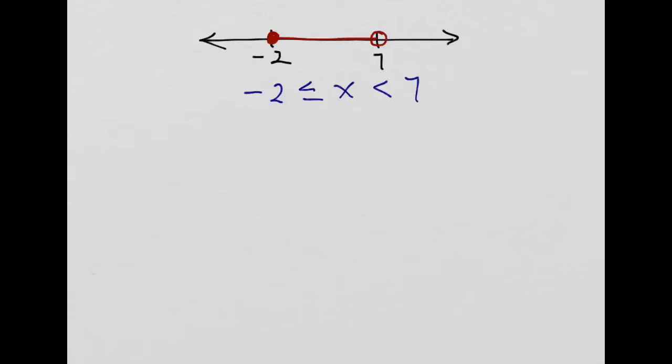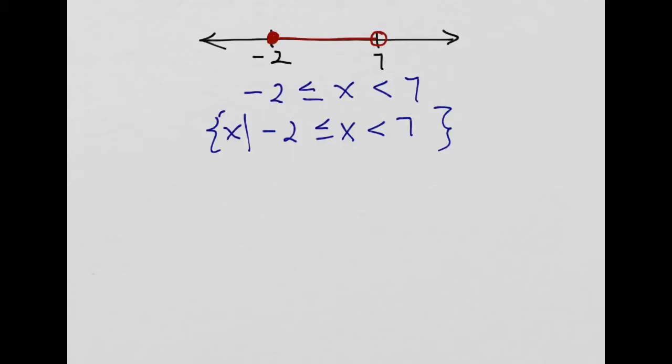Or we can convert that into set builder notation with the curly brackets, x such that -2 is less than or equal to x, which is less than 7. We interpret that as meaning x lies between -2 and 7, including -2 but not including 7.